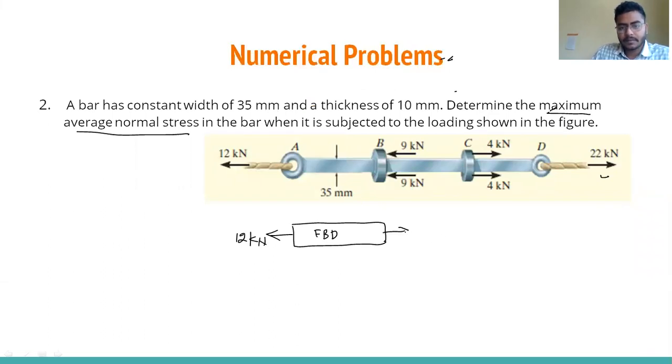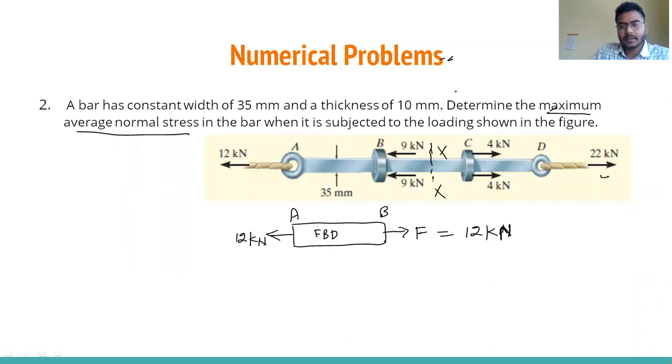And here there is action and reaction, so just assume there is a force F. From the equilibrium condition, this force also will be 12 kilonewton. Now I draw the forces here. It is A and it is B. Now draw a free body diagram from A to some other section in between B.